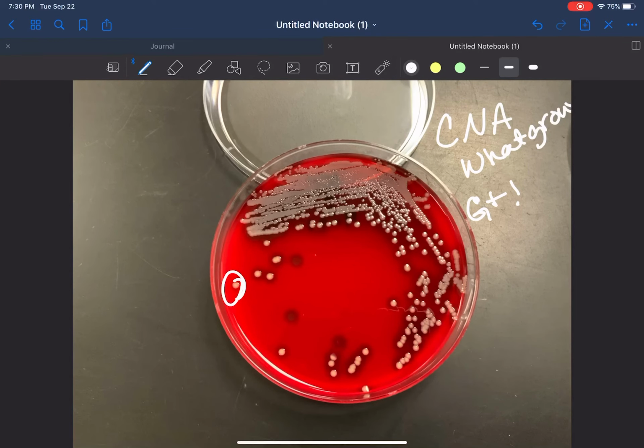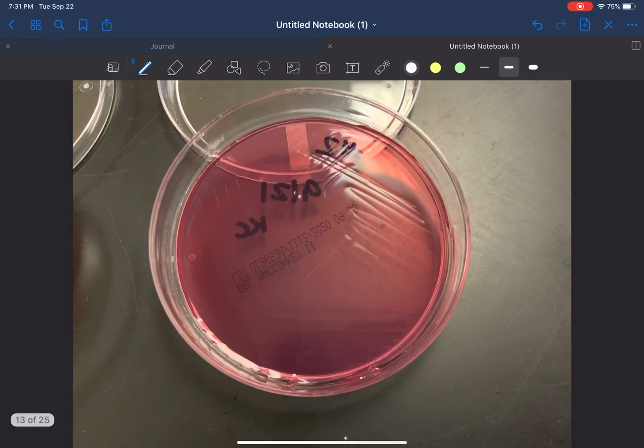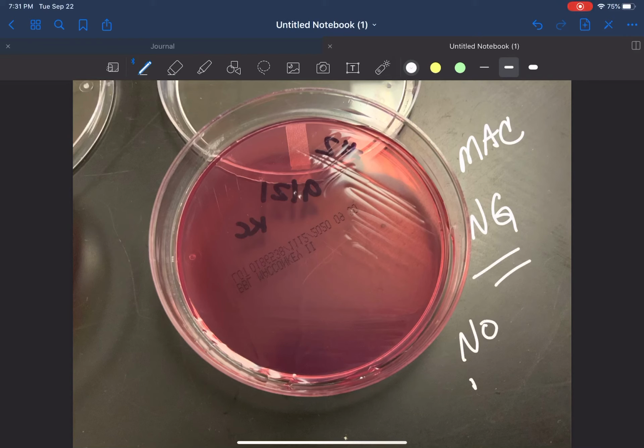This is our creamy white organism, and we know it is a gram-positive cocci. So that's our organism number 1 in sample 2, so 2-1. Do we have growth on MacConkey? No growth. So we have no gram-negative bacteria.